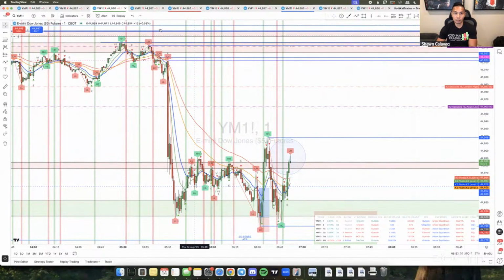Either price fakes out like that, pulls back into the range, or price can push above, break and retest this area, and climb up higher. Whenever you guys have a structure to look at, there's two things that'll typically happen: either break and retest or fake out and pull back into the range. I'm still not convinced to take any buys here yet, so I'm not looking to take that.